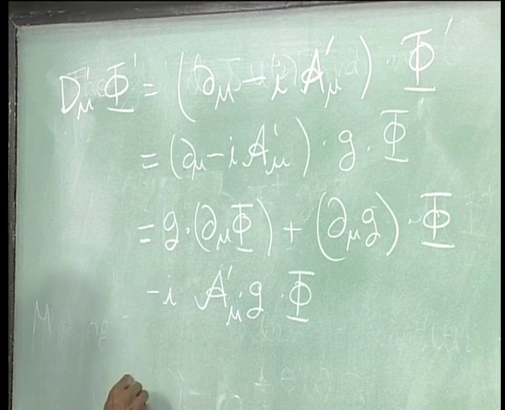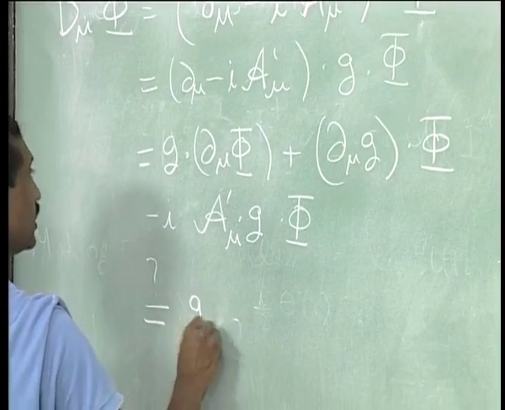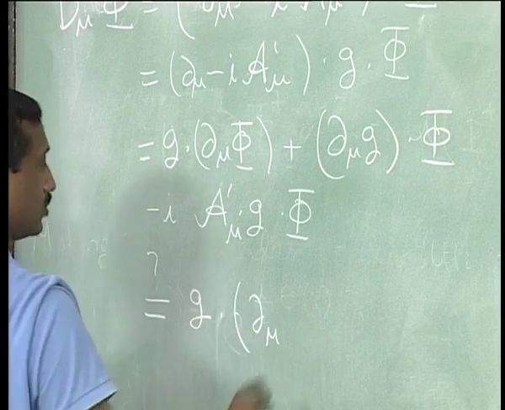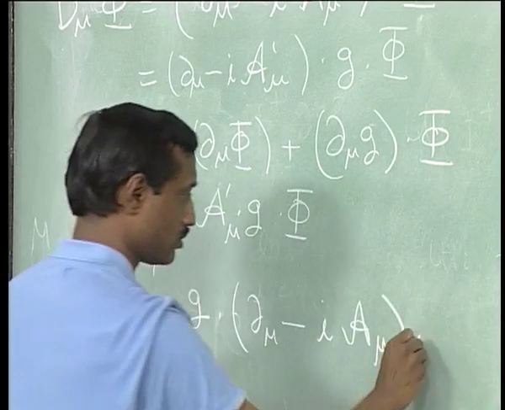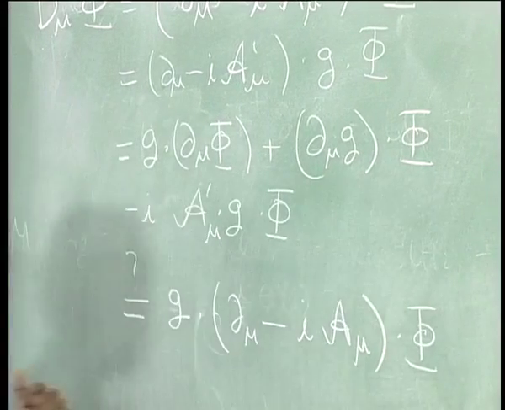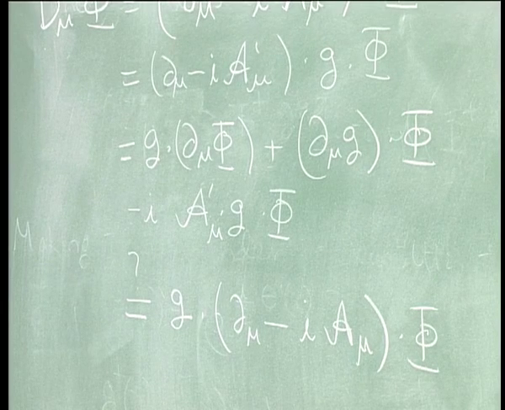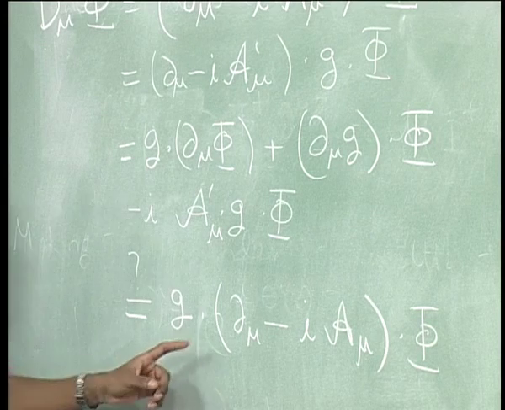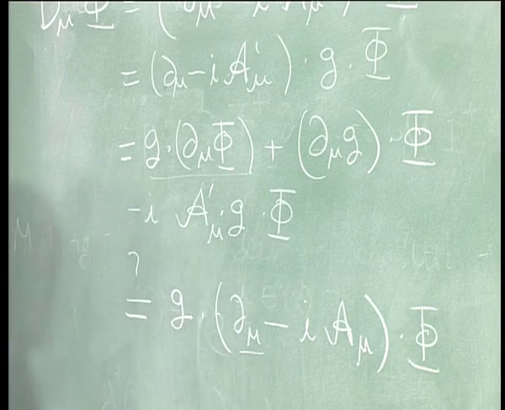Now the question is, we need this equal to g dot, okay. Now we can see that this term cancels with this, but all the others remain.